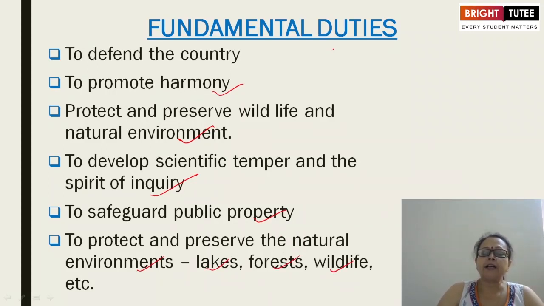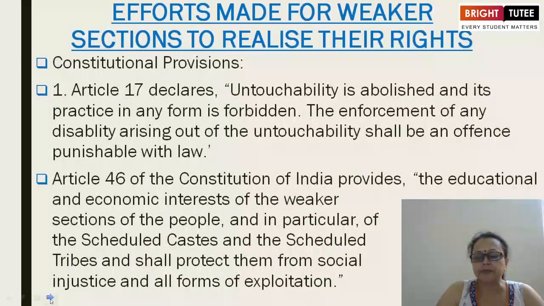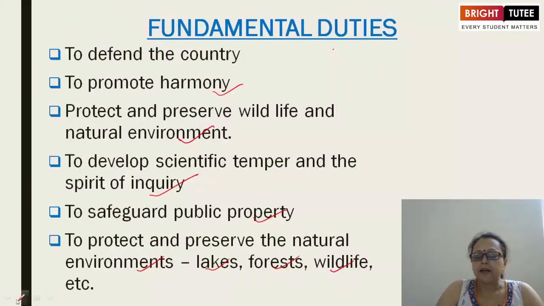And wherever we are getting all these facilities, we are availing those facilities, it is our responsibility to take care of the natural environments. So this is about the fundamental duties listed in the Constitution after the 42nd Amendment, which was done in the year 1976.